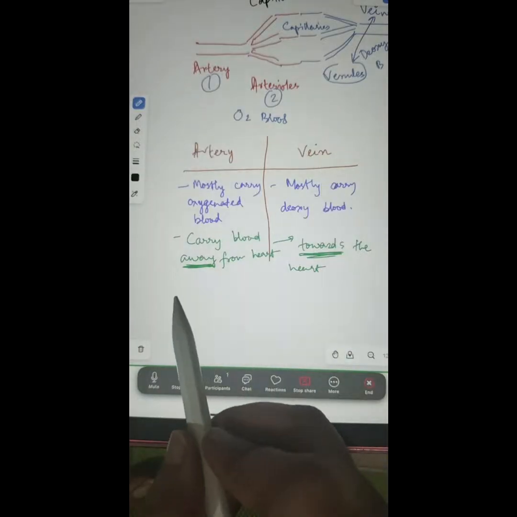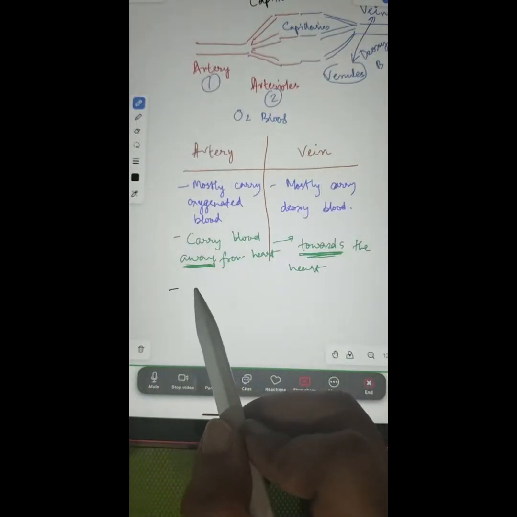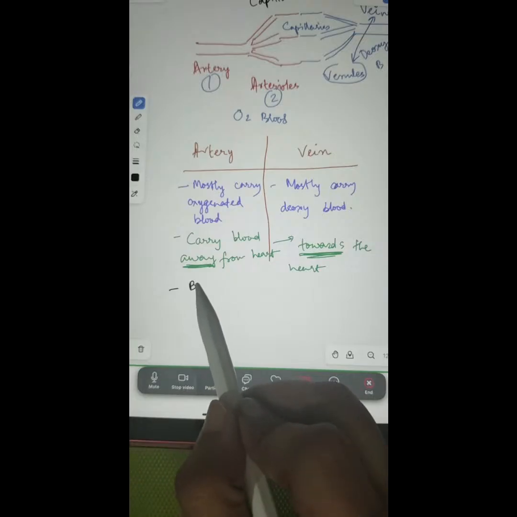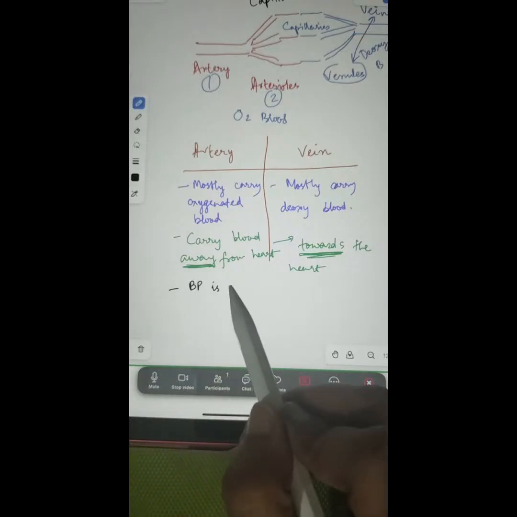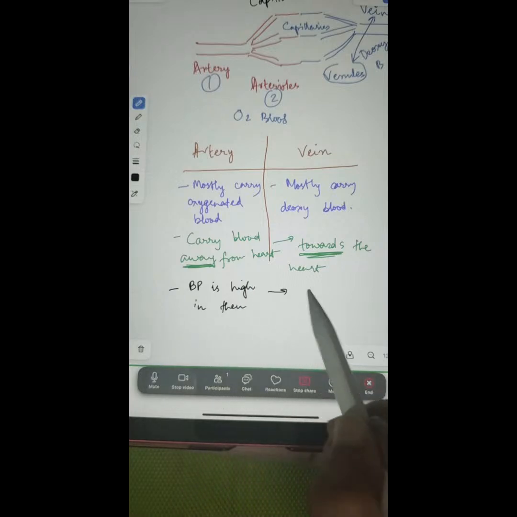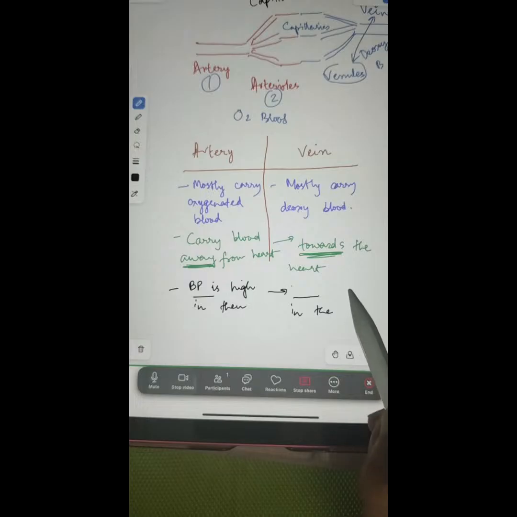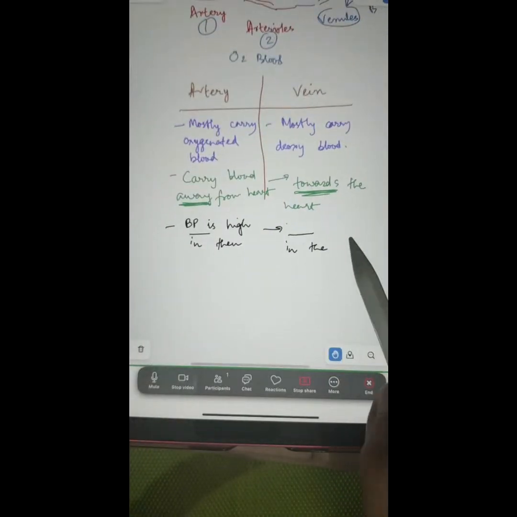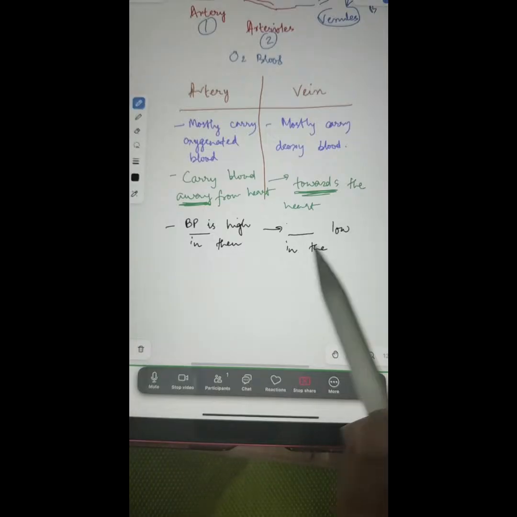Next point. As arteries are carrying the blood away from the heart, BP or blood pressure is high in them. And what are you going to write here? Blood pressure is low in them. If you compare artery and vein, veins will have lower blood pressure.